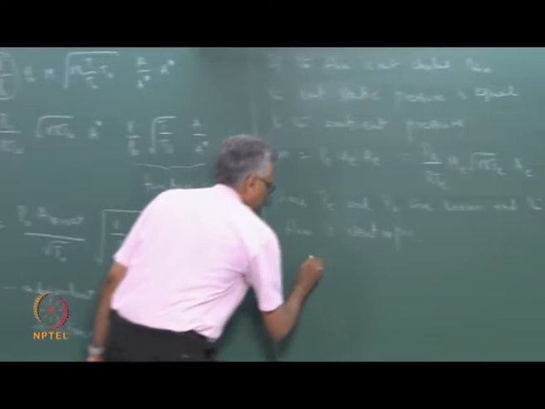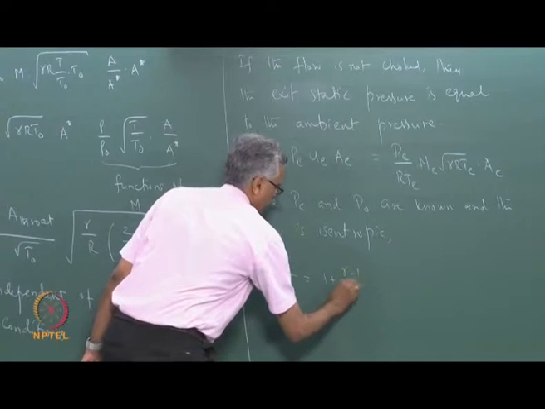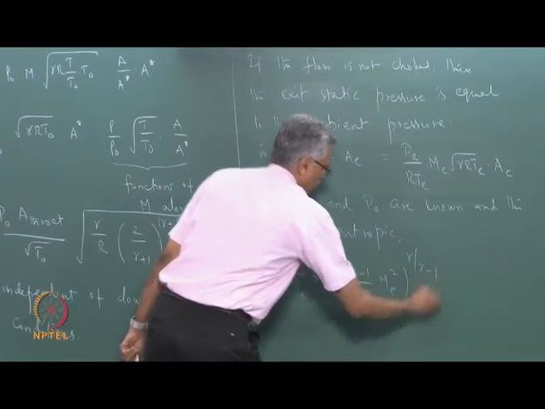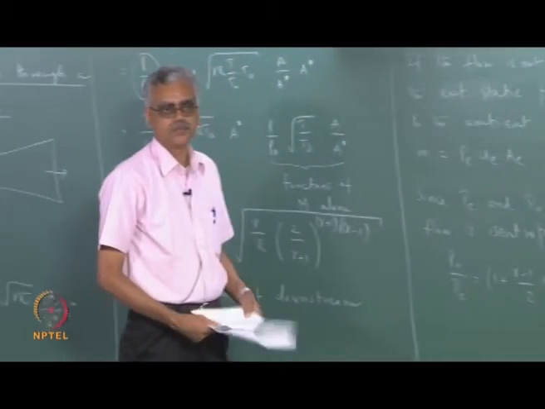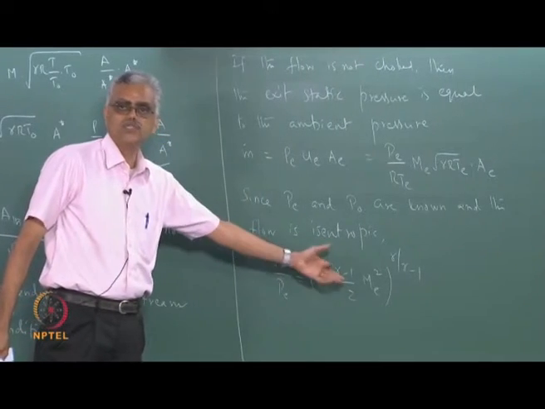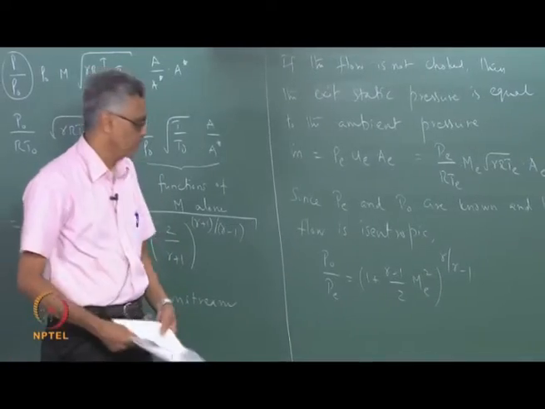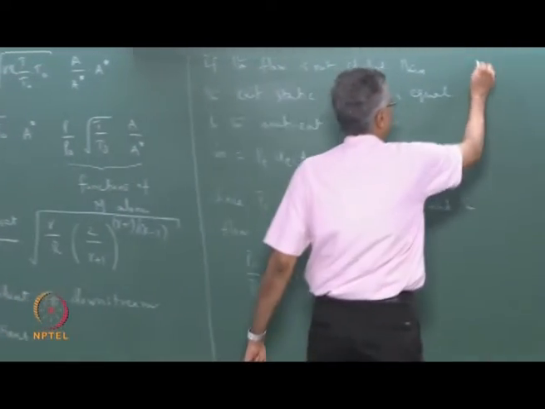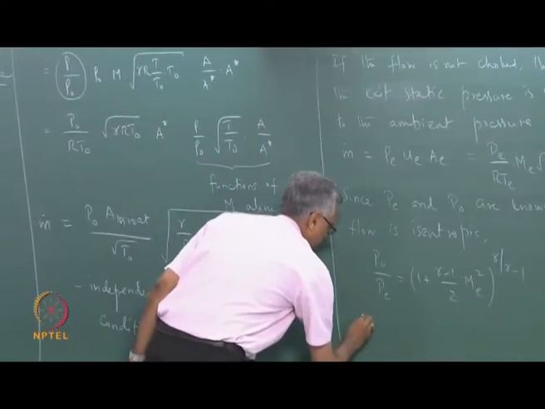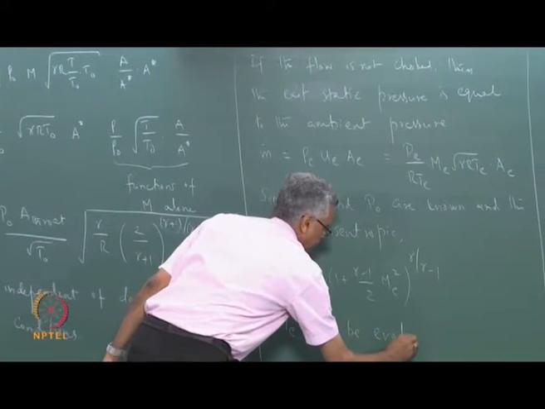So, this means that P0 over PE is equal to (1 plus gamma minus 1 over 2 times ME square) raised to the power gamma over gamma minus 1, right. P0 is known, PE is known, so I can calculate ME. Once I know ME, exit static temperature can also be calculated, right. T0 is known. So, from this ME can be evaluated.